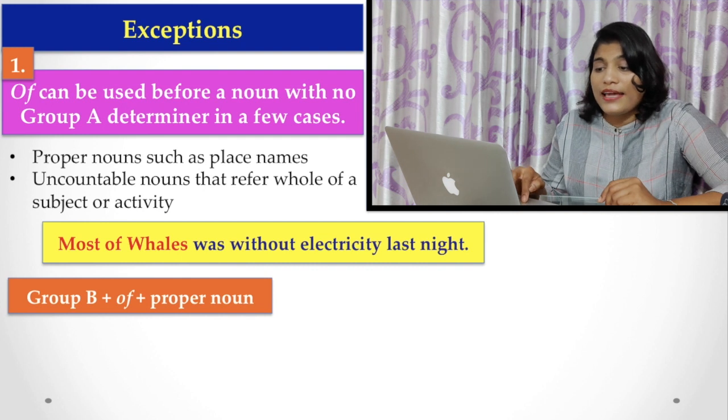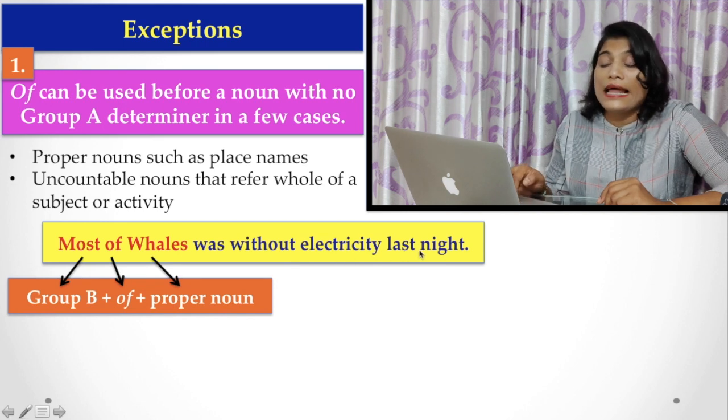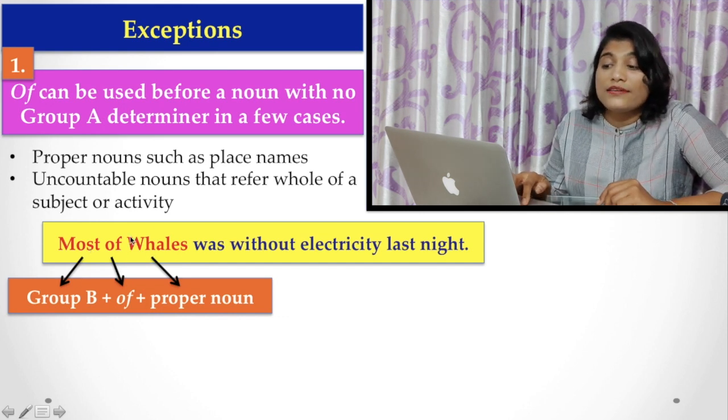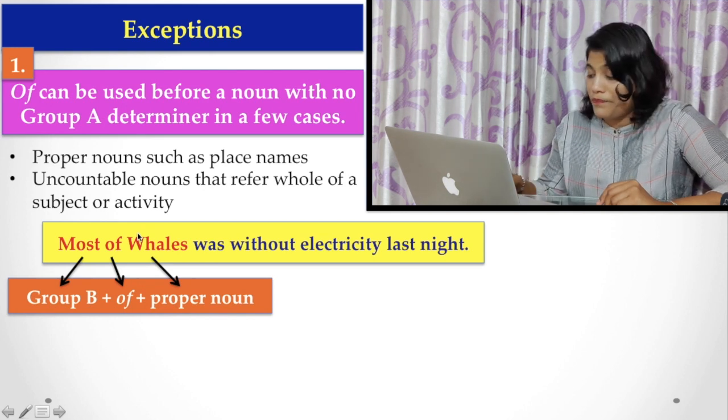Here are the examples. "Most of Wales was without electricity last night." Here you find most is a group B determiner and Wales is a proper noun, and you have to put "of" in between that group B determiner and the noun, because this is an example of a proper noun.